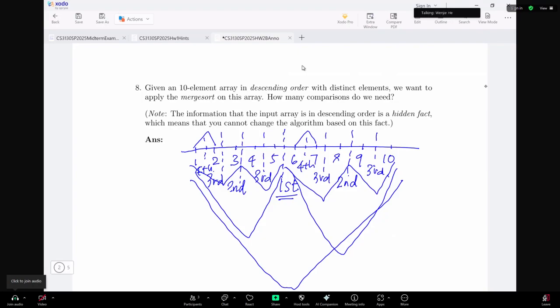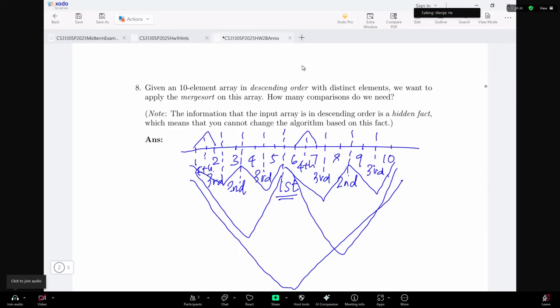For the split, it doesn't matter whether it's worst case or best case. For any case, we split like this. The difference between worst case and best case is in the comparisons, where the comparison results are different. This example is in descending order, so it may not be the worst case or best case.